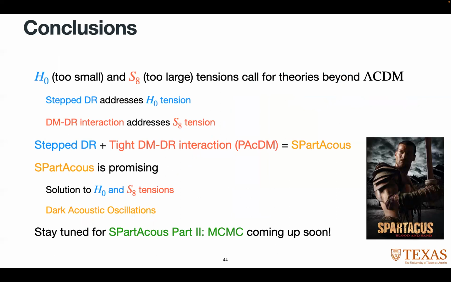As a conclusion, this identified tension could point to new theories beyond the standard scenario.